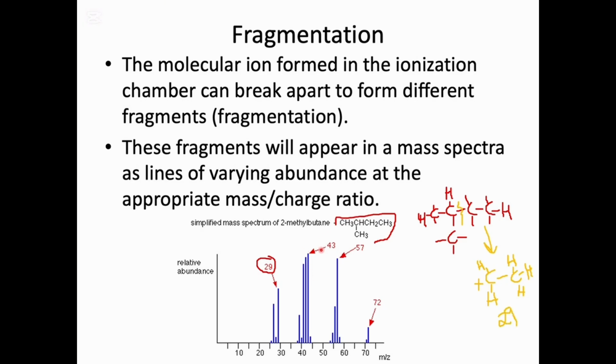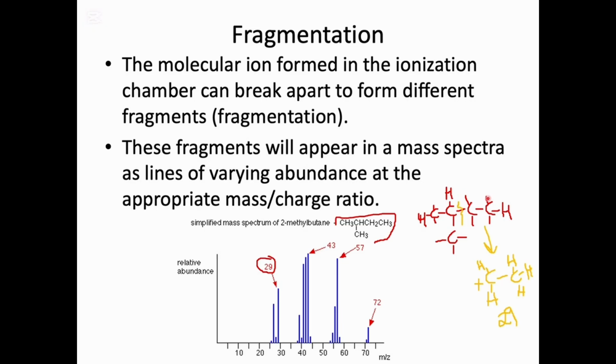The next one is your 43, and this 43 is actually at your highest percentage relative abundance. So this is your base ion peak and is therefore your most stable peak. That 43 actually came from your 3 carbons and your 7 hydrogens. Remember, you had this initial split of your 2-methyl butane molecule, right?